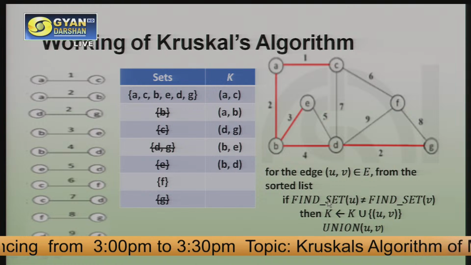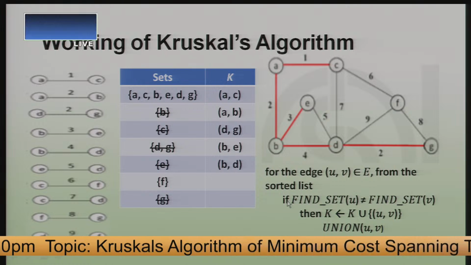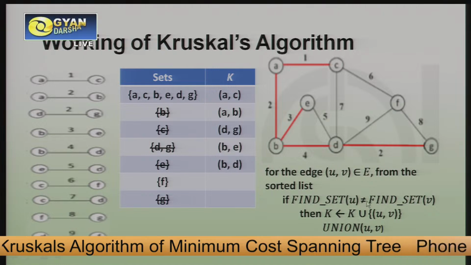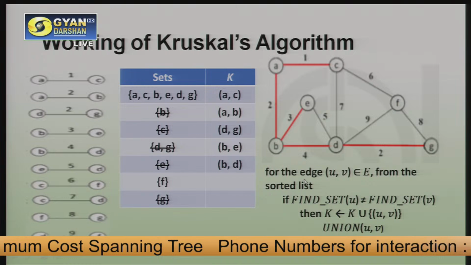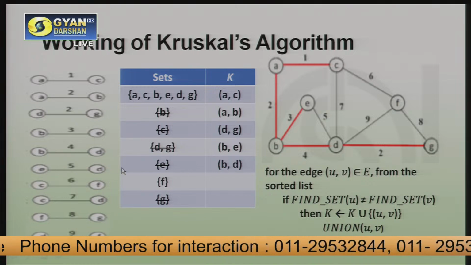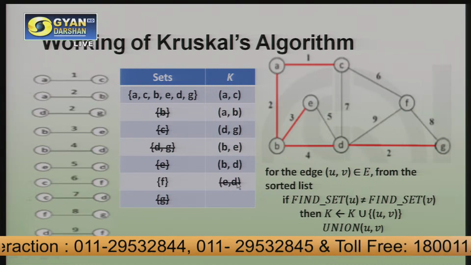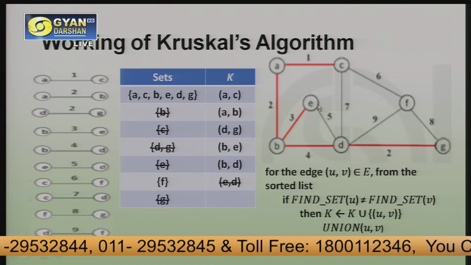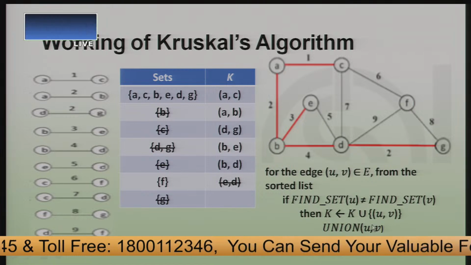So the if condition becomes false. As soon as this if condition becomes false, these two operations are not going to be evaluated. That means this edge E to D will simply be discarded, removed.